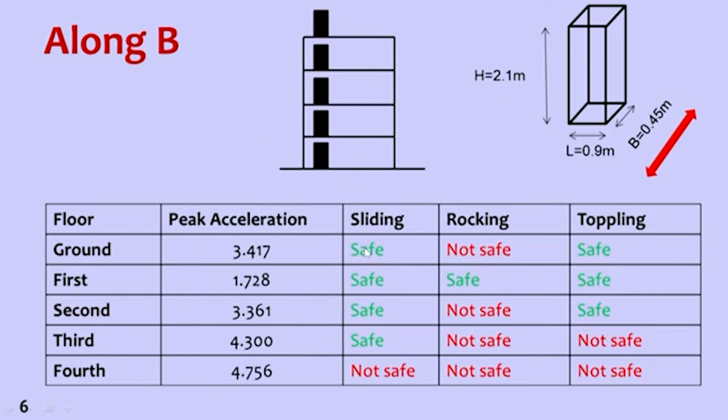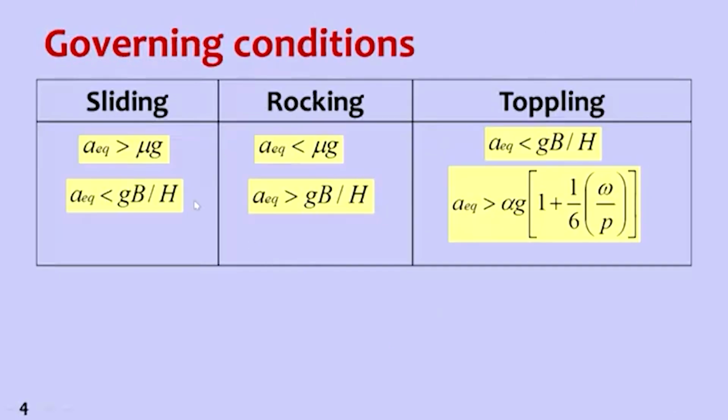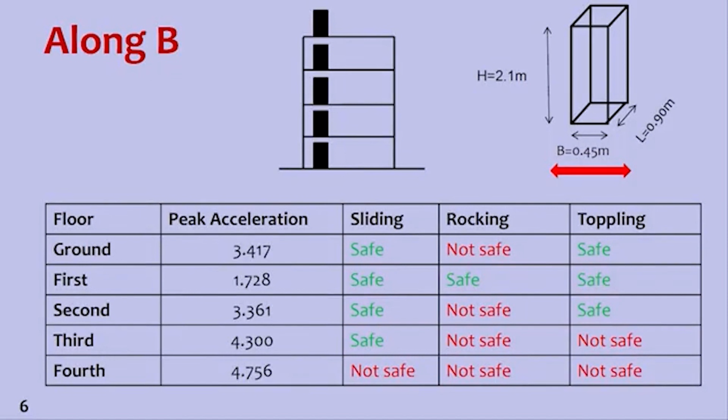Now when we employ the sliding conditions, these are the sliding conditions: AEQ greater than mu times G, and AEQ less than G times aspect ratio. When we put that sliding condition at the ground floor, it is safe, the rocking condition is unsafe, and the toppling condition is safe.